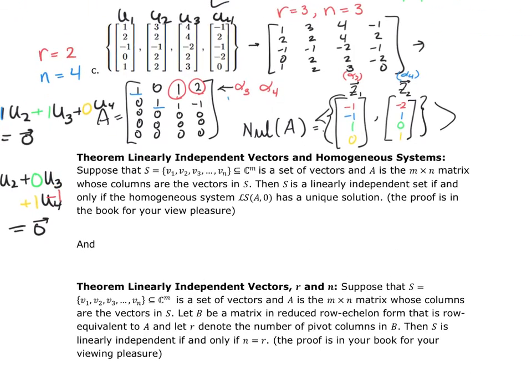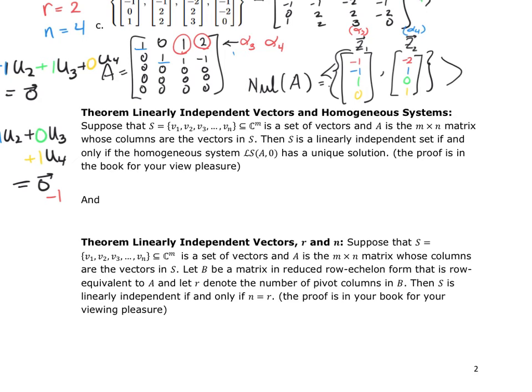My next theorem here is linearly independent vectors and homogeneous systems, and linearly independent vectors, R and N. So as we read through, this is in particular to homogeneous systems. So I have a set of column vectors whose entries come from the complex numbers. M just tells us how many entries we're going to have. We can be in R, the real numbers.